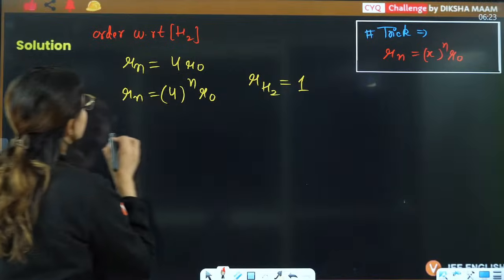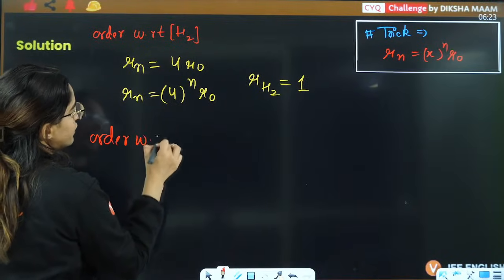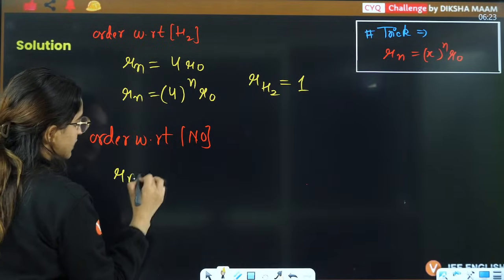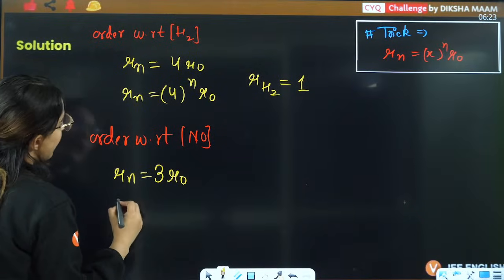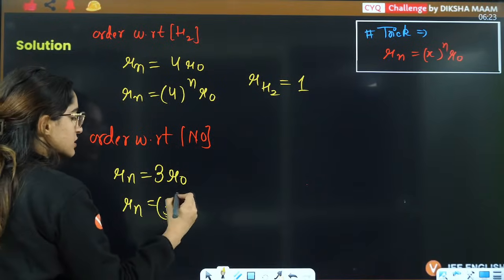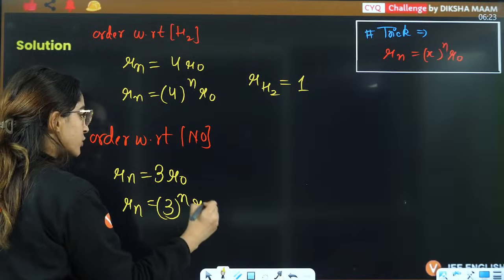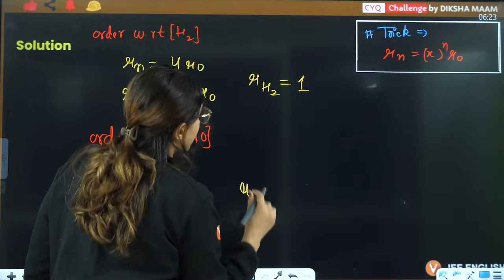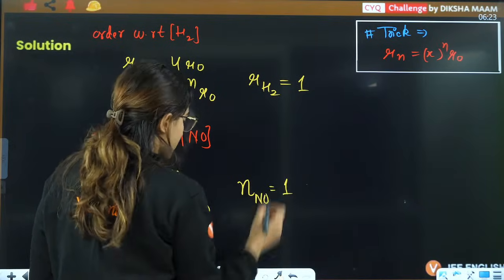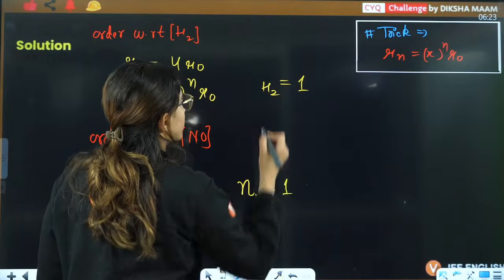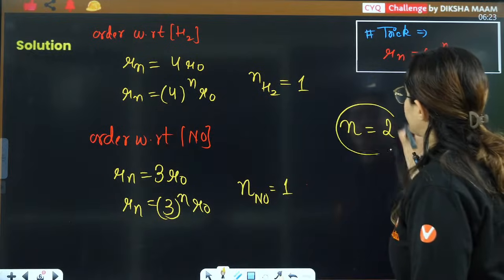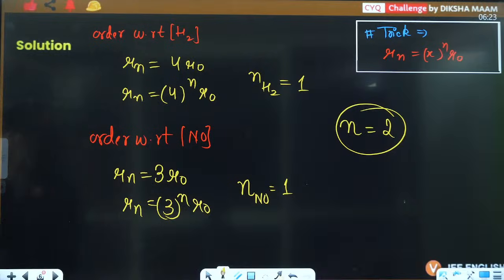Similarly, with respect to NO, R of new is 3 times R of old, and the concentration is also changing 3 times, so R of new is 3 raised to power n of R of old. That means here also the order with respect to NO is going to be 1. So the overall order is going to be 2 here. Tell me.